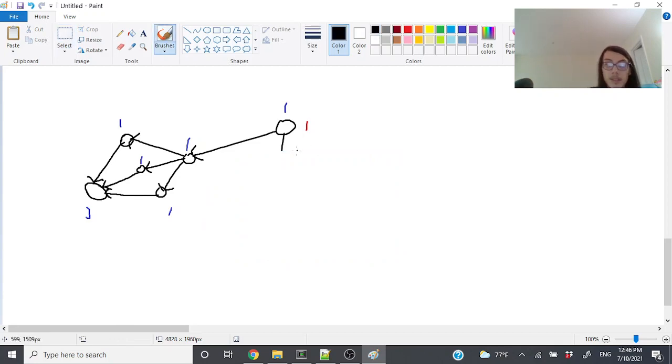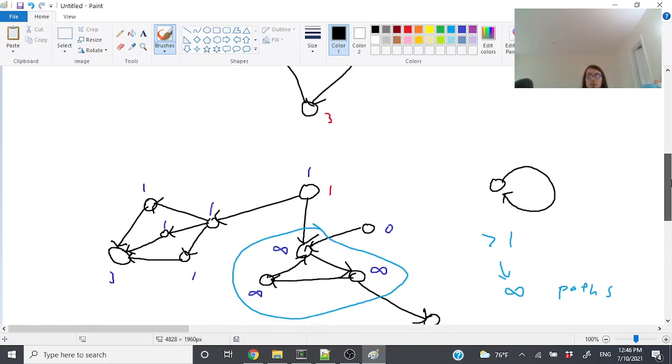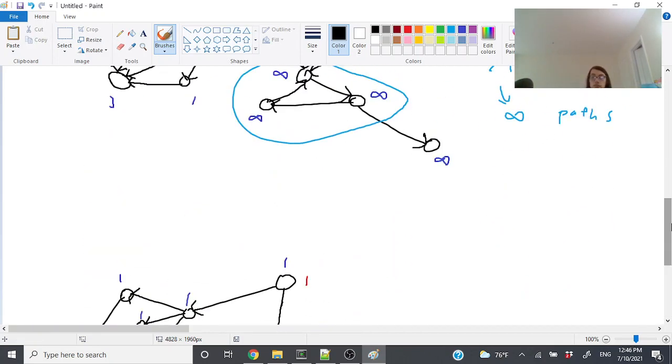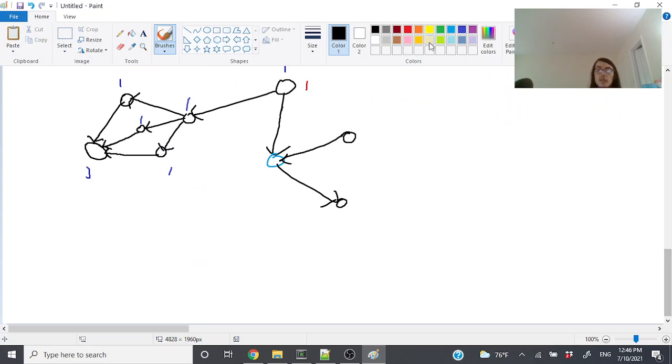Essentially, now we get this new graph. How did I miss that so badly? Where this is the new node, and everything else is the same. You see, basically the same graph. So now all nodes in this SCC have infinite. This has still 0, this has infinite now.